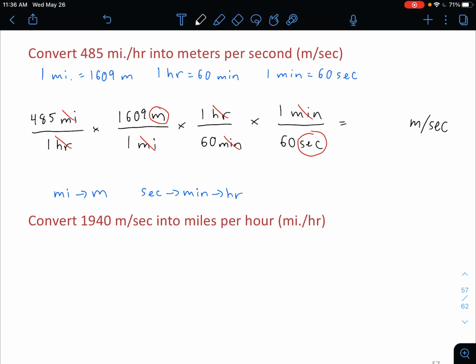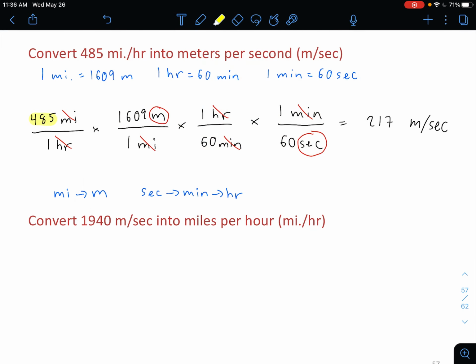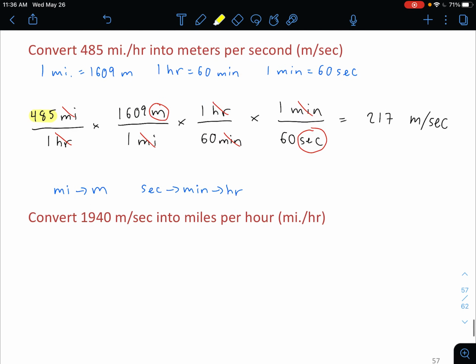Let's see what I actually get when I do this multiplication. 217 will be my answer to 3 significant figures. It's 216.7 something, but 217 should be my correct answer to match the original 3 significant figures of 485.